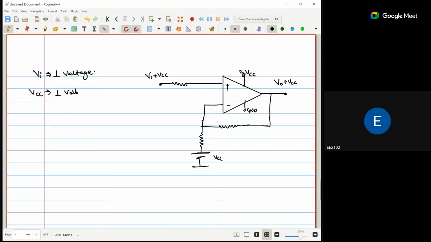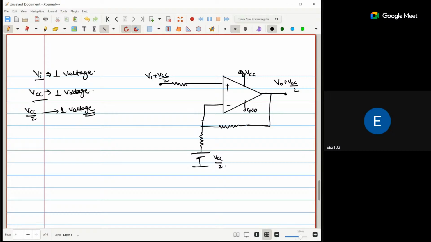Or if I replace it by the VCC and ground, that is VCC by 2, VCC by 2, VCC by 2. Okay, so we require three terms, three voltages. One is the Vi, second is the VCC, and third is the VCC by 2. Again, one volt.